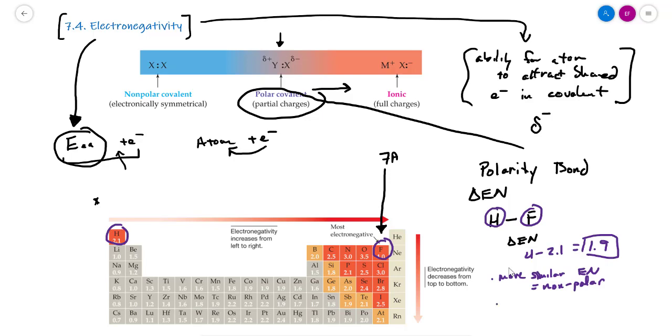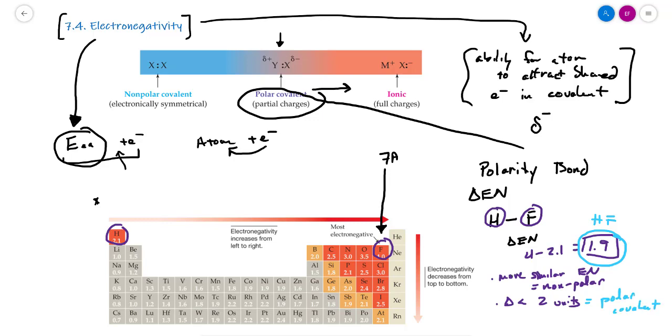If you have a difference in electronegativity that's less than 2 units, as is the case for HF, then we're going to say that's generally a polar covalent compound.